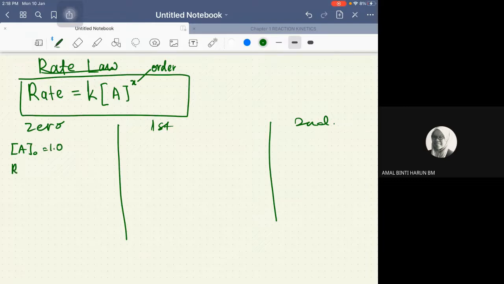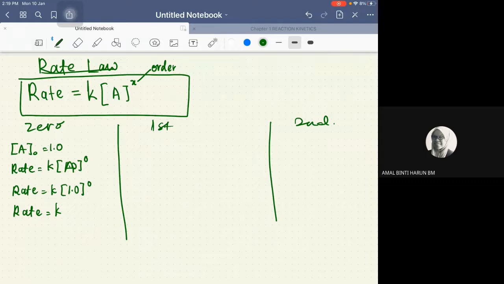So, rate equal to K, concentration dia 1 molar power of 0. Okay. Rate law. A power of 0. So, kita substitute concentration dia. Rate equal to K, 1.0 power of 0.